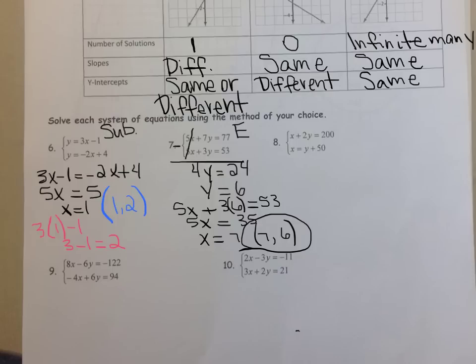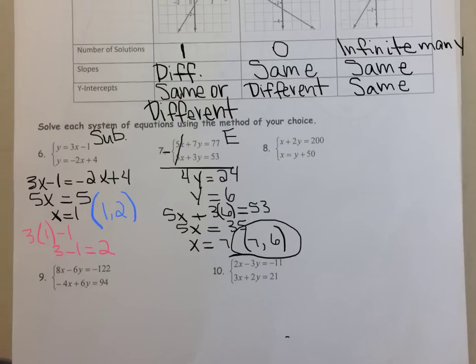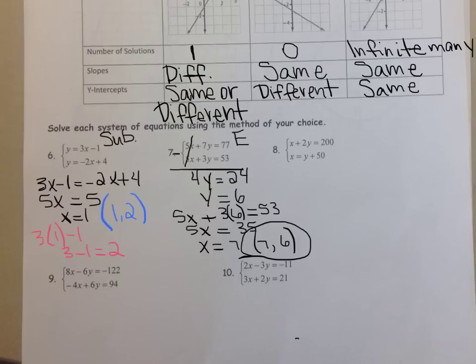Number 8. The best choice for number 8 is going to be substitution. Alright. What I'm going to do is I'm going to take this expression for x and plug it in to my first equation for x. So it's going to be y plus 50.